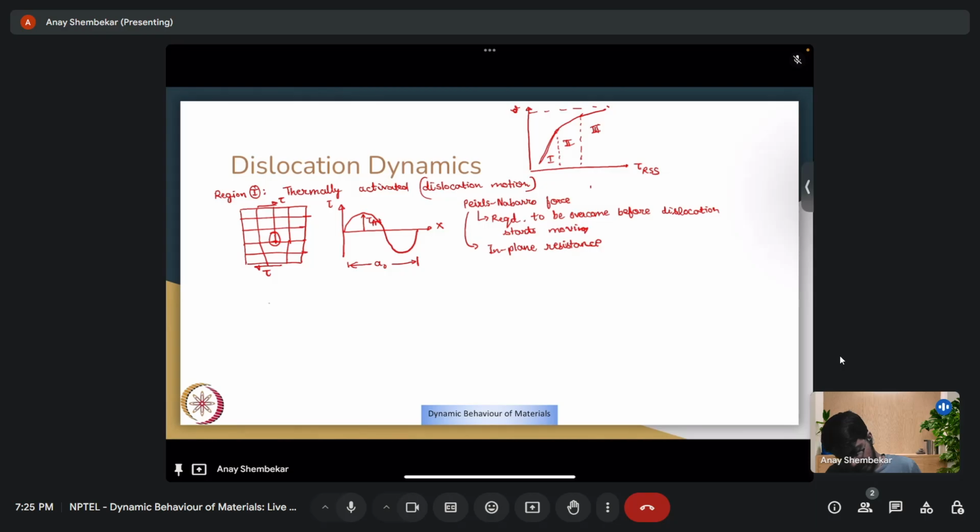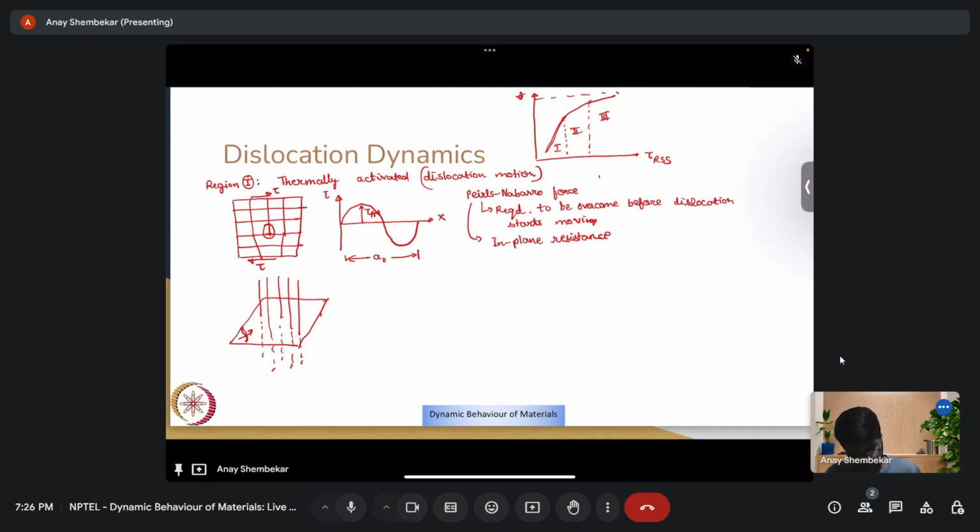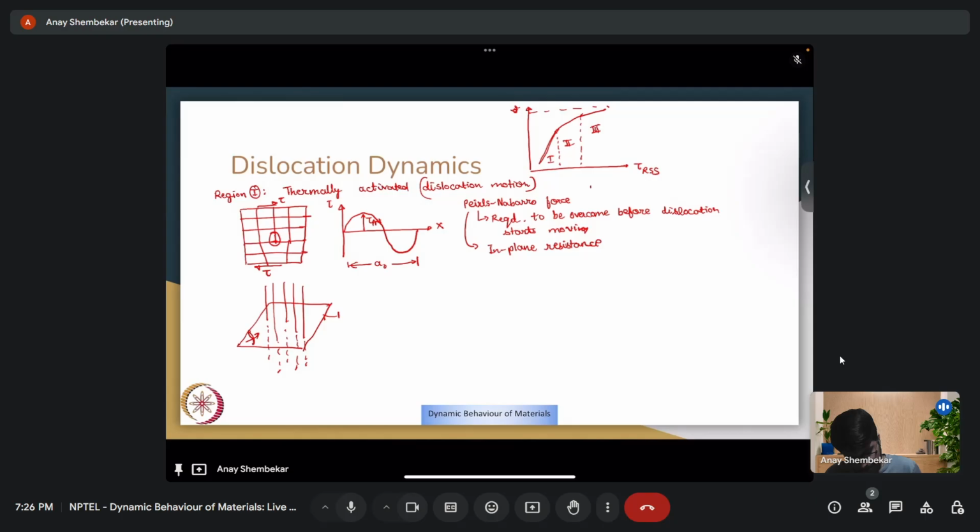Another type of barrier encountered is an out-of-plane resistance in the form of forest dislocations. Suppose this is the dislocation moving along this drawn slip plane. Perpendicular to the slip plane, you may have this forest dislocation. So this is my primary slip plane.